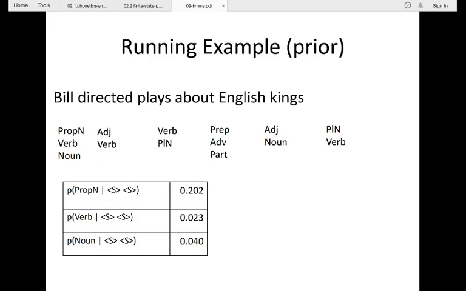So it turns out that the probability of a proper noun after two start tags is much greater than the probability of a verb or of a noun, in our corpus at least.